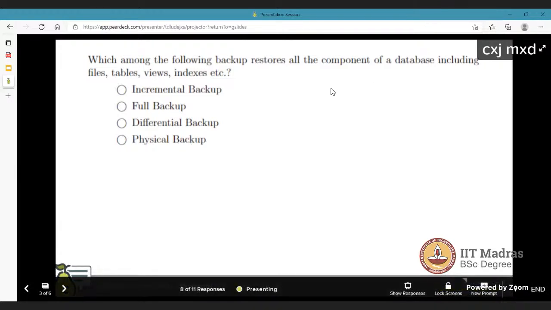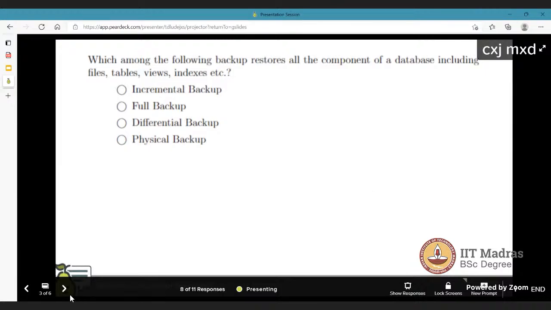It won't keep the schema components. It won't keep the tables, views, functions, etc. And it won't be keeping all the components of a database. So full backup restores all the components of a database.